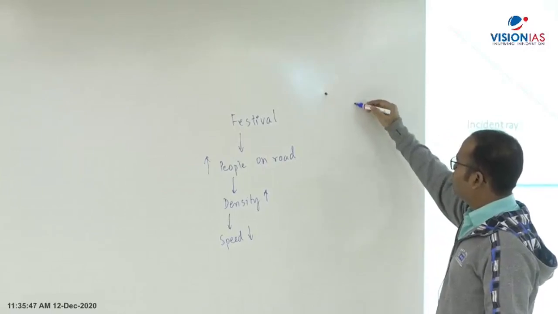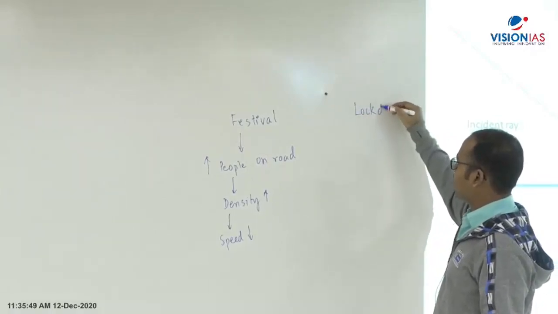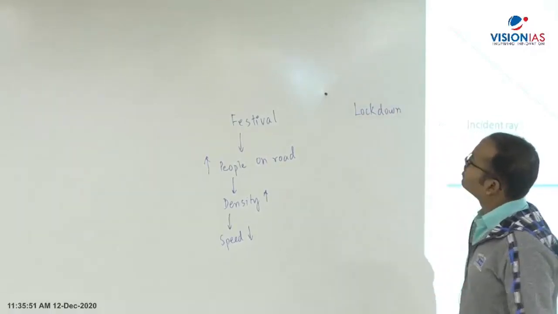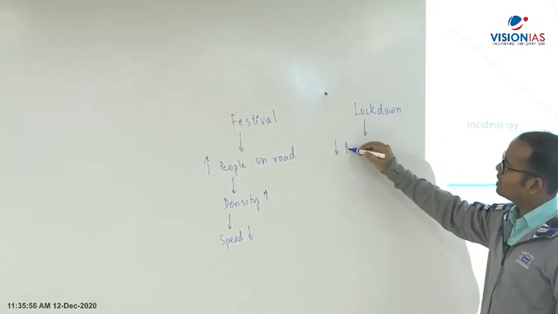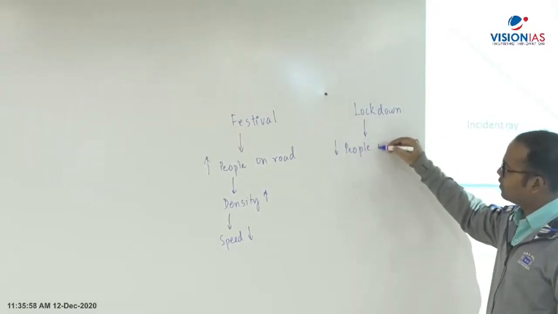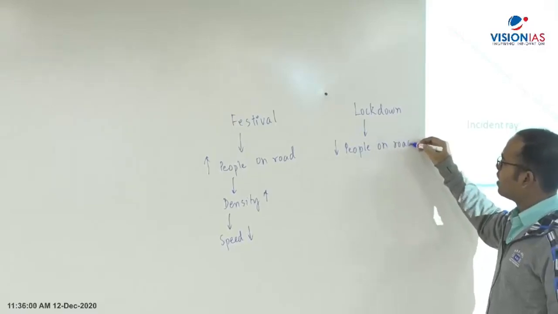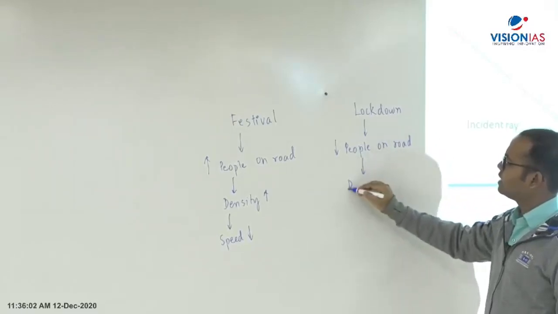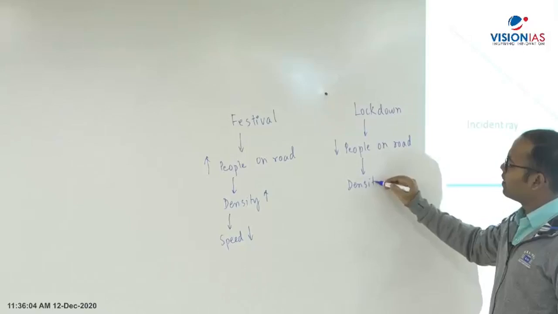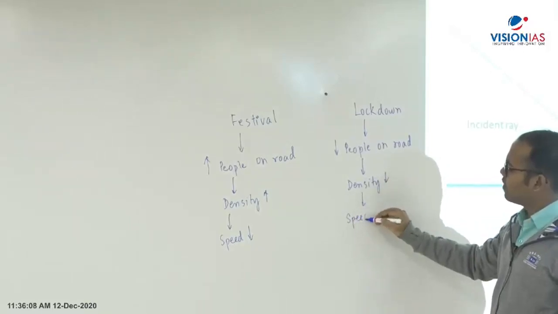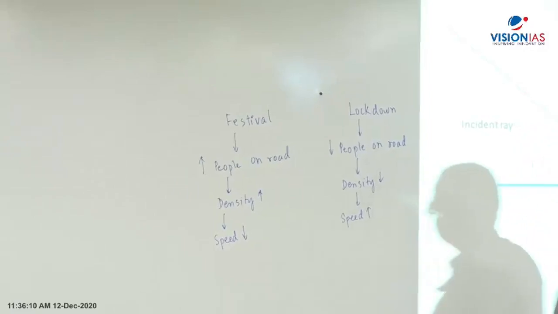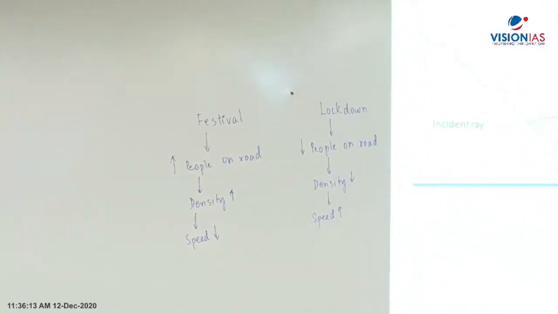Now come to the second thing. Suppose you are traveling during lockdown. Lockdown means people will be forced to stay at home, so fewer people on the road. It means the density on the road will be less. That ensures you can have more speed because the road is vacant.